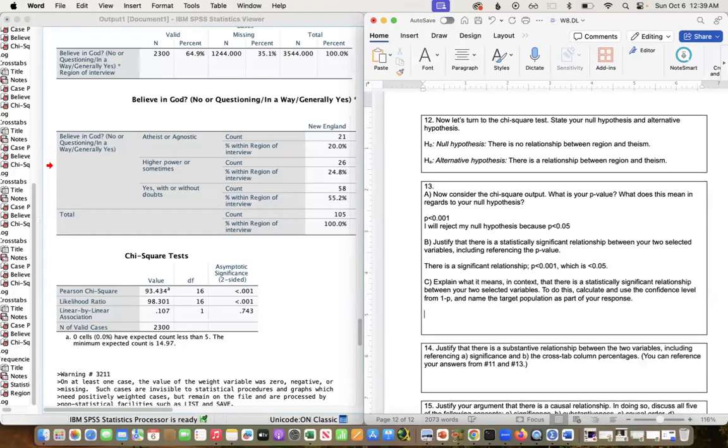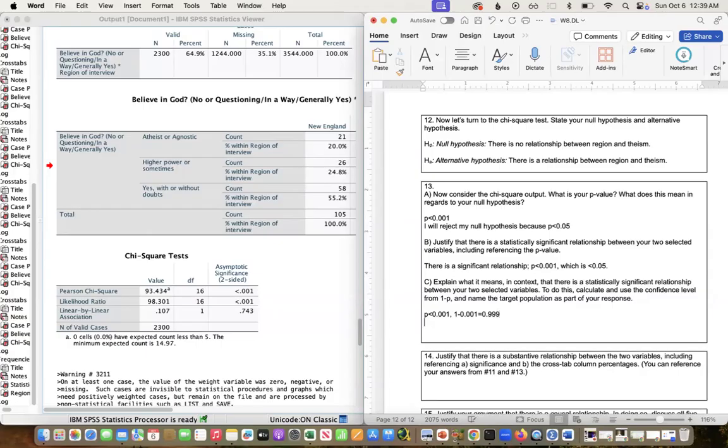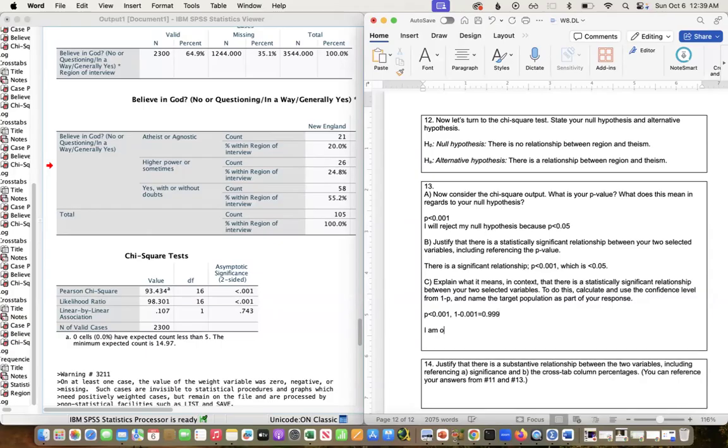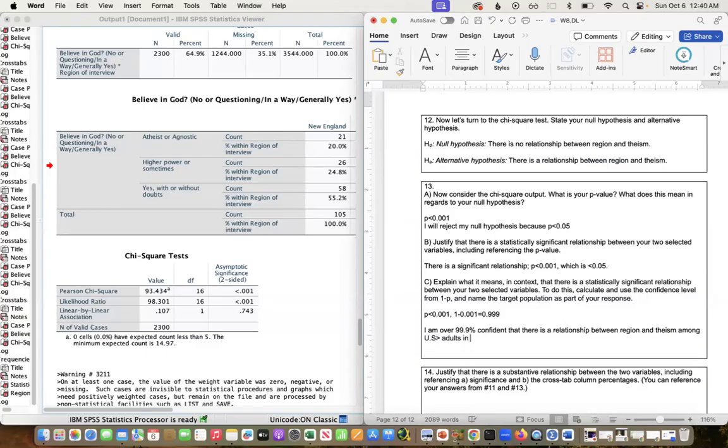What does that mean? Well, if P is less than 0.001, then I am over 99.9% confident that there is a relationship between region and theism among US adults in 2022.